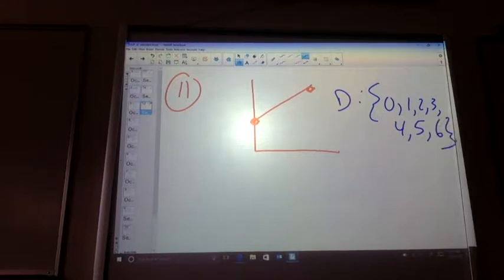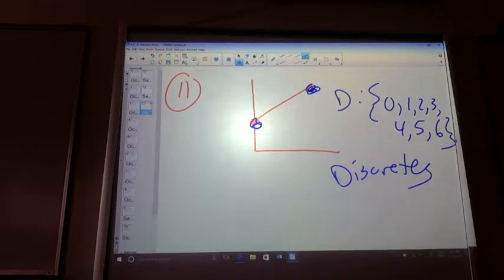The reason you're including 0 and 6 is because you have a solid dot at each end. I just looked at the x component of our graph. And this is discrete because it starts and stops. You have endpoints.